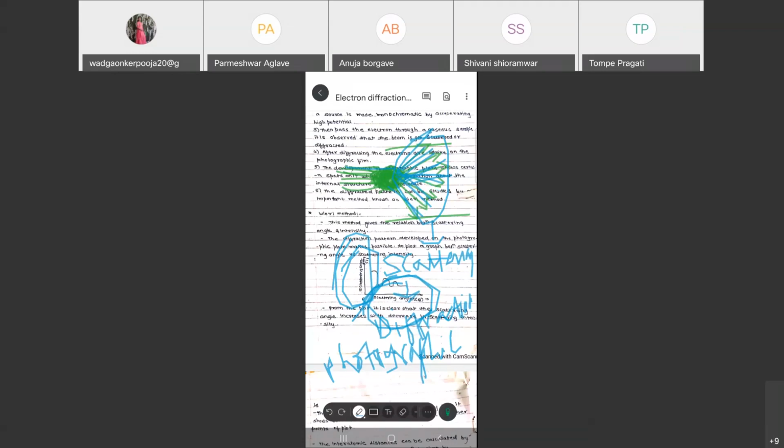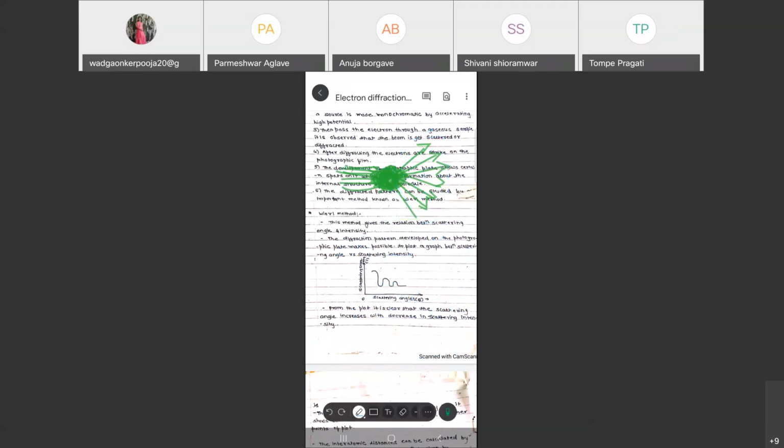Whatever the relation is between these intensities and these scattering angles, we can plot that relation on a graph, and the plotted graph can tell us information about how the scattering angle increases with a decrease in the scattering intensity.